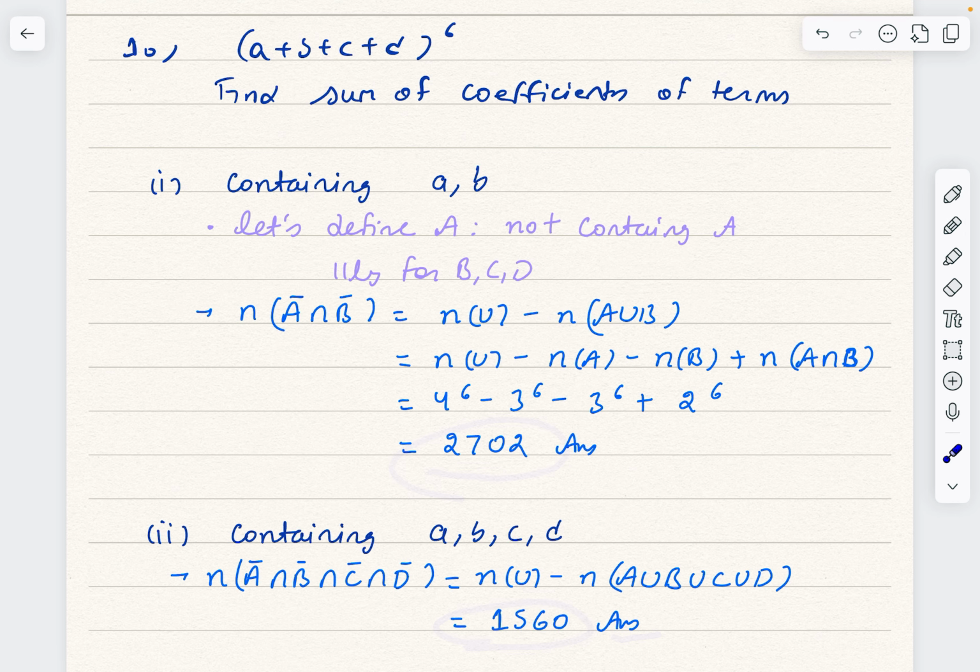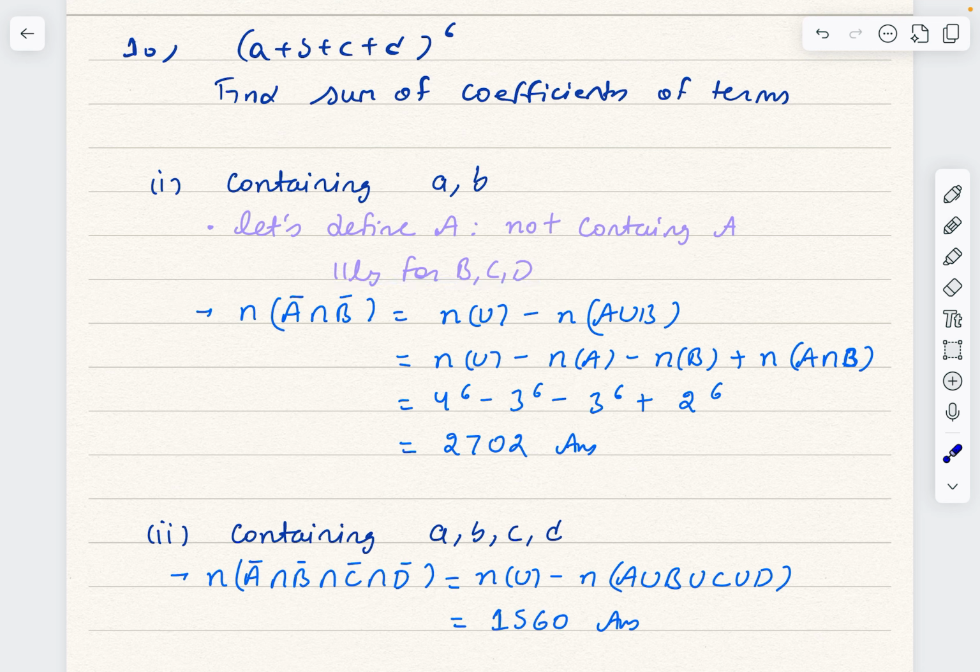We can use set theory here. How do you use set theory? First, when you want the terms containing A and B, I'll define an event A, capital A, which is the terms not containing a. So event A means those terms which do not contain a. Similarly, for b, c, d also we will define the events.